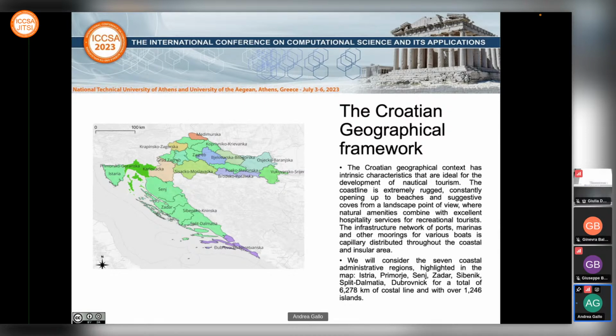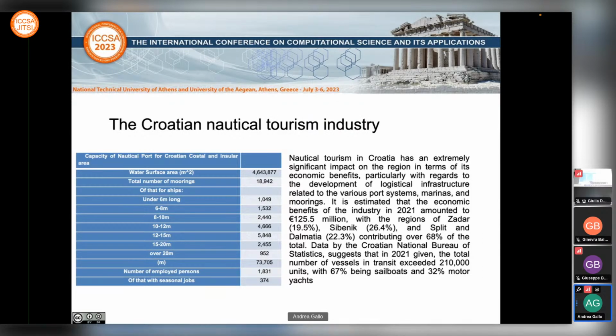this particular context. But going on, when we talk about the Croatian nautical tourism industry, we have to know that we are talking about a huge industry that counts over 1,800 employees during the summer period, and that manages over or near 20,000 boats per year.